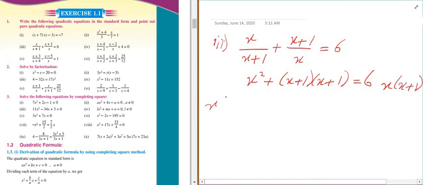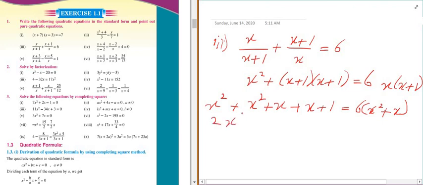Multiply these x plus 1 with x plus 1, x plus 1 equals to 6x square plus x. We can write it as 2x square plus 2x plus 1 equals to 6x square plus 6x.